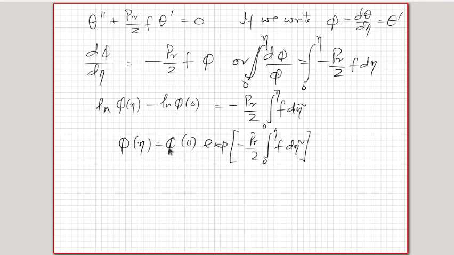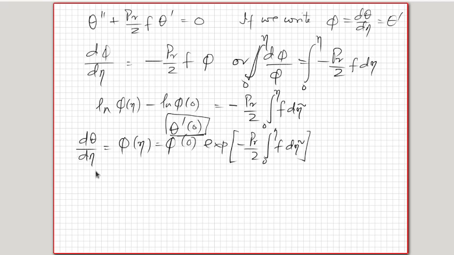Now, this is d phi by d eta, so this is d theta by d eta, sorry, is equal to theta prime at 0, which is an unknown here. Okay, this is the gradient of temperature at 0. This is unknown because the similarity solution is not the same as the fluid mechanics solution. In the Prandtl number equal to 1 case, we took it from a fluid mechanics solution. Here we cannot do that. So this is an unknown value which we have to evaluate.